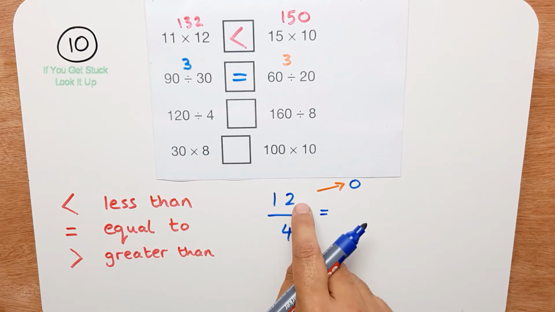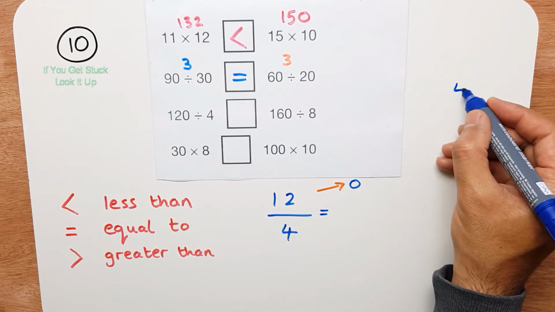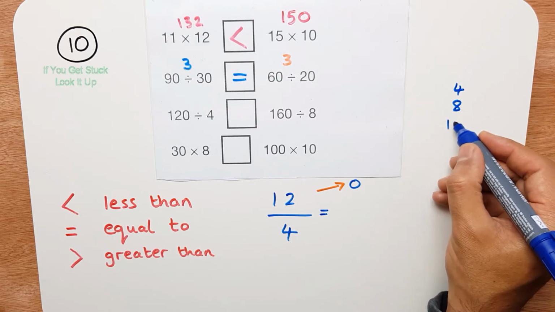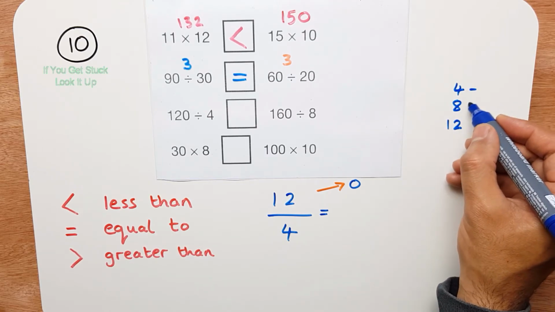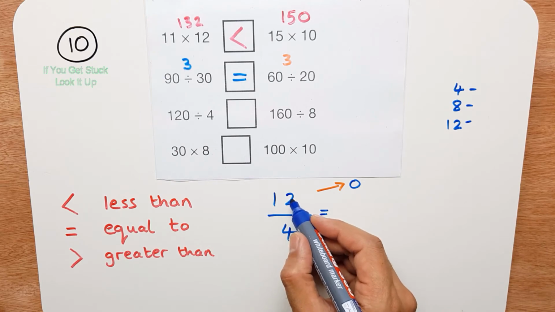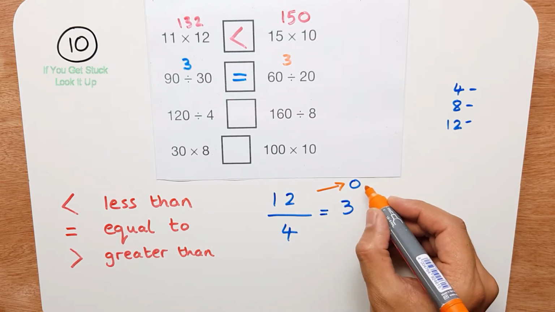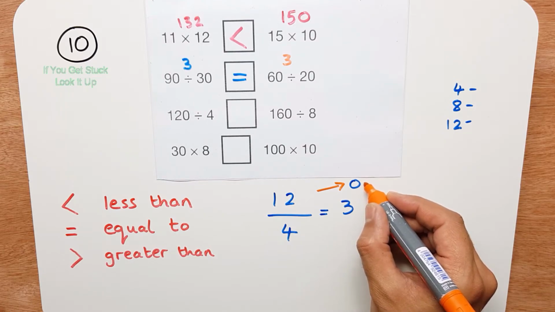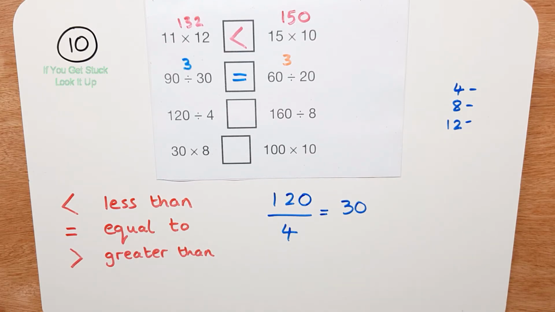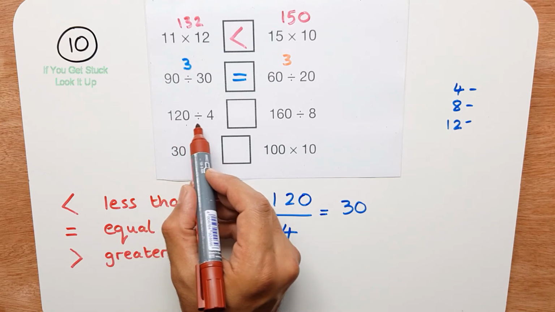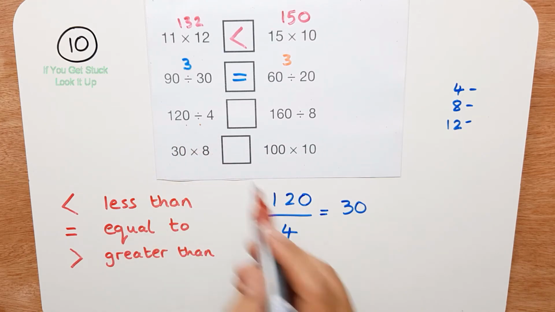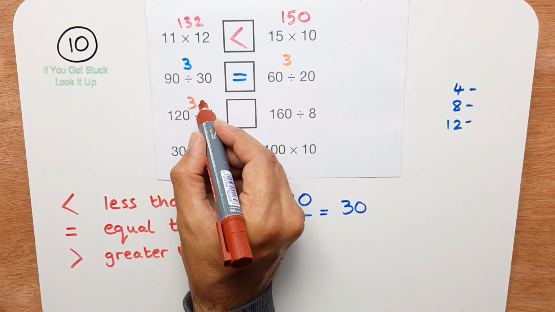How many 4s are there in 12? 4, 8, 12. There's 3. 1, 2, 3. So 12 divided by 4 is 3. Now what I'm going to do is bring this 0 back down here. So 120 divided by 4 is 30. So I'm going to write 30 here.